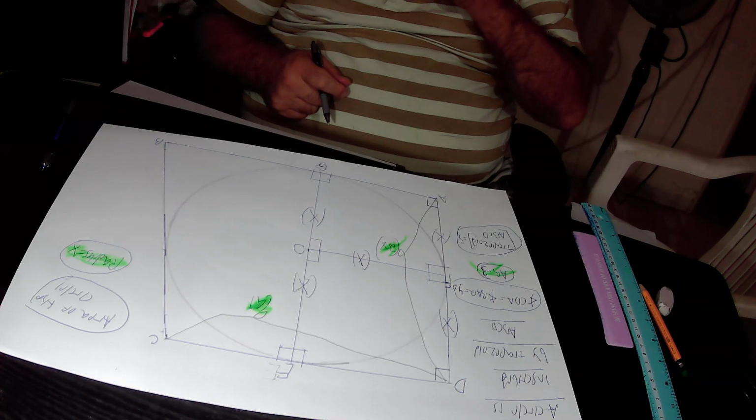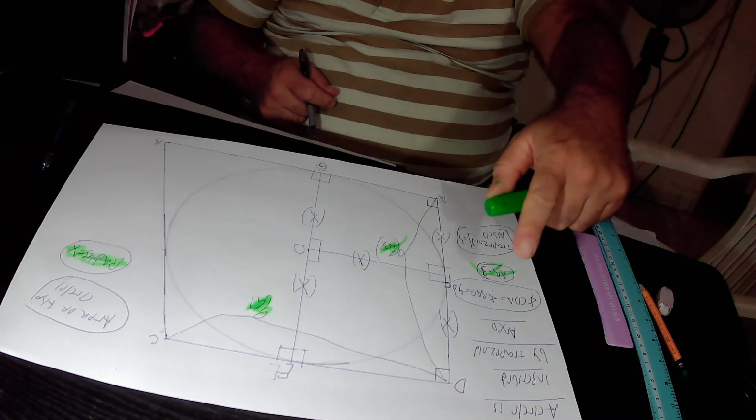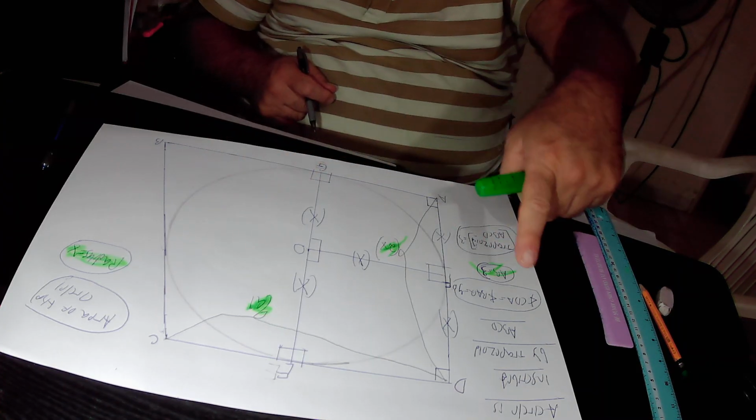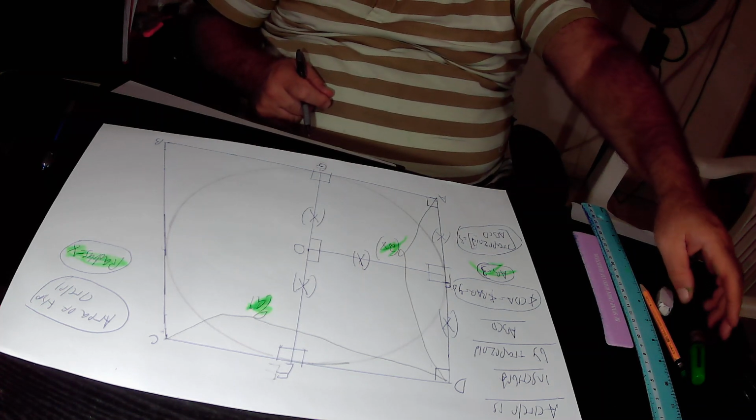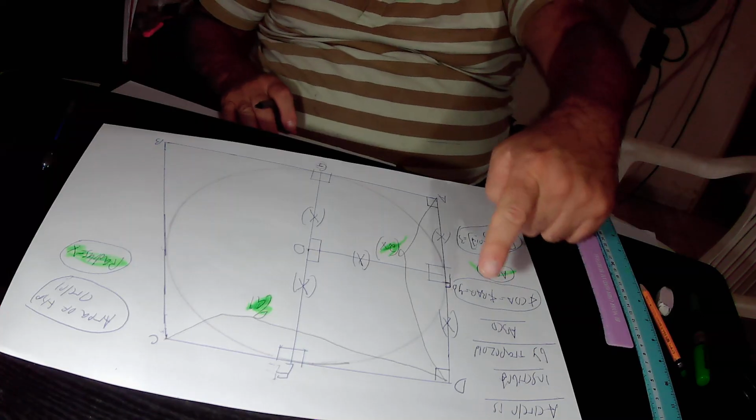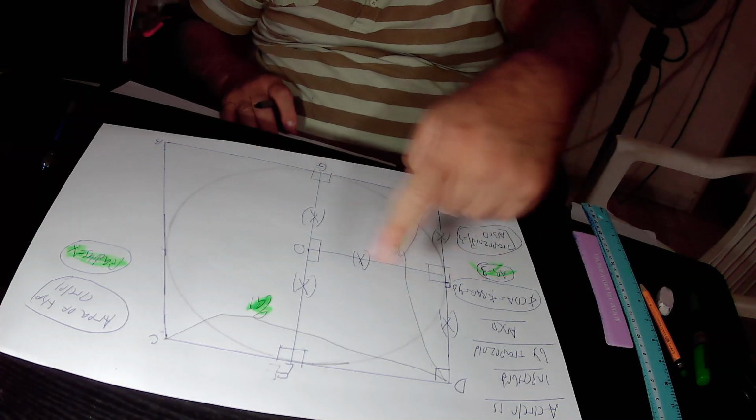Here, I've already proved in the previous lecture that DA plus CB equals DC plus AB, according to rule 2. So I'll not repeat the same proof again. DA plus CB equals DC plus AB.